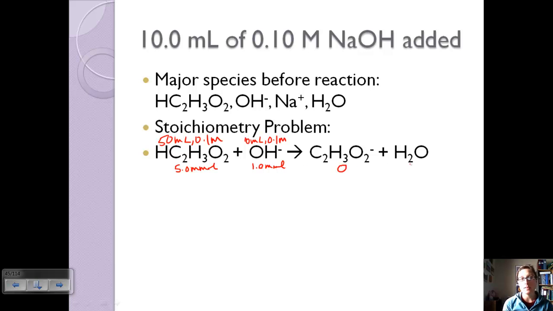And we have no acetate ion, and we're not counting water. So this is before the reaction. Now for after the reaction, we know that the OH is going to react, so we're going to subtract 1, add 1 here. And so for our after reaction, we should have 4 millimoles of acetic acid, no millimoles of hydroxide ion, and 1 millimole of our acetate ion.